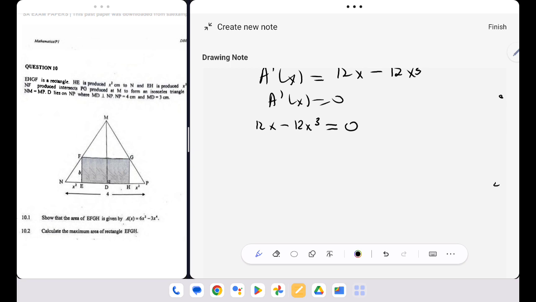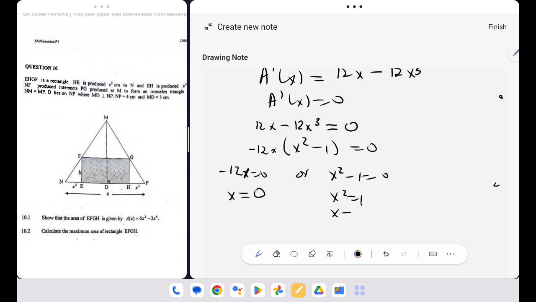So I can take out a common factor here of negative 12x. I'll be left with x squared minus 1. I have two things multiplied and the answer is 0. So either negative 12x is 0, or x squared minus 1 is 0. So here x is equal to 0, or x squared is 1, so x is plus or minus 1.